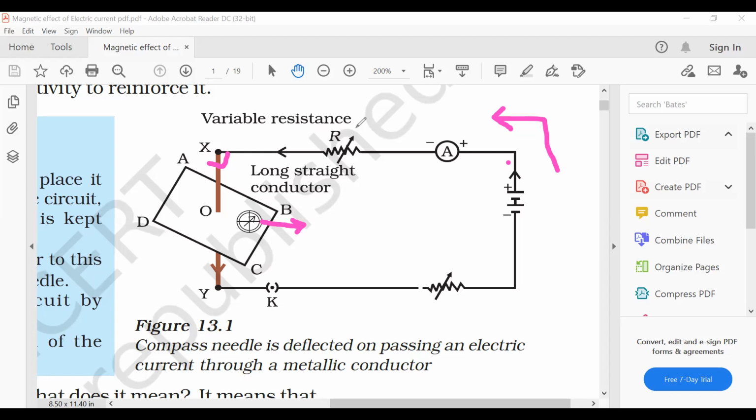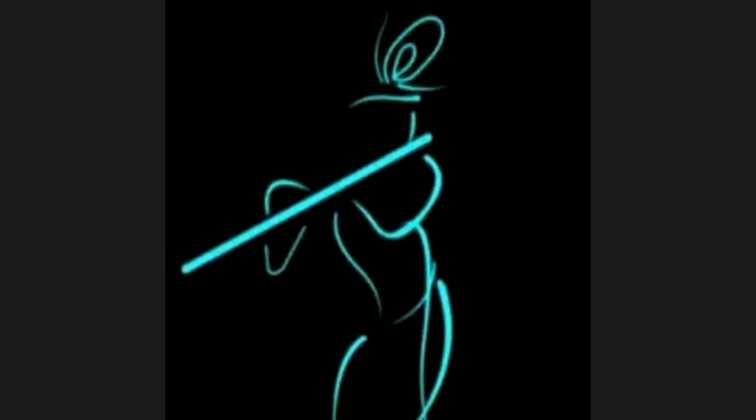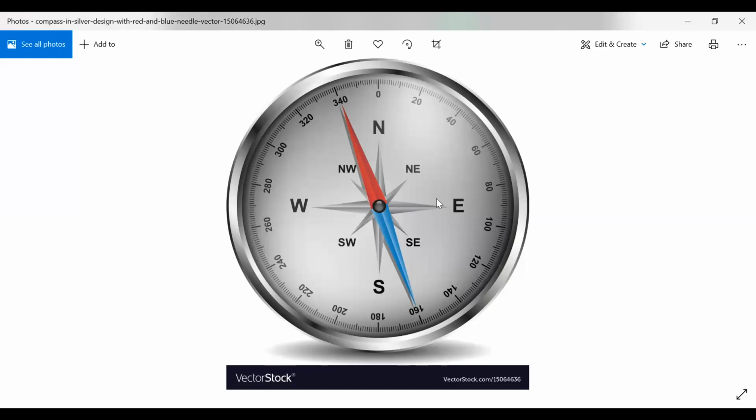I can show you what the compass needle is. Okay, this is the compass needle. Generally it is used to know directions, like north, east, west, south, etc. Again, one thing we should remember: this compass needle is also called a small bar magnet.